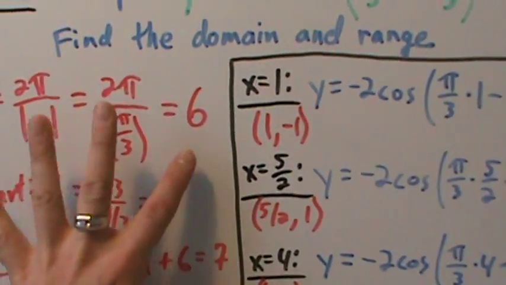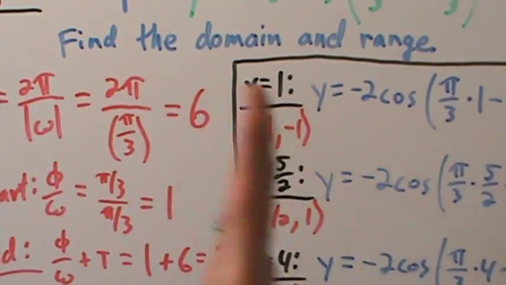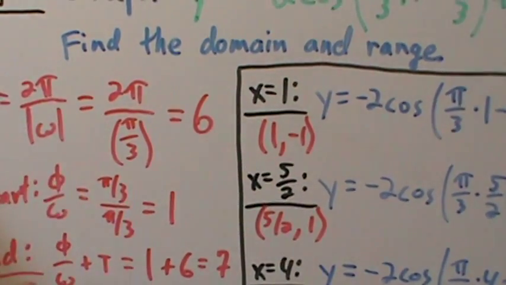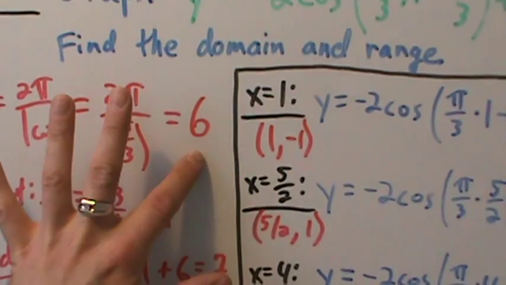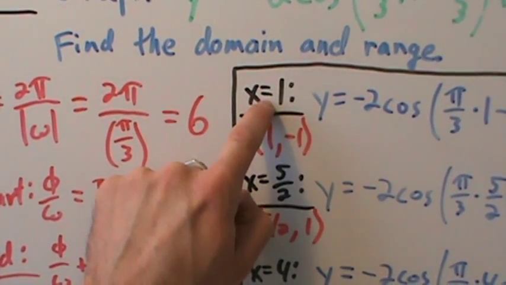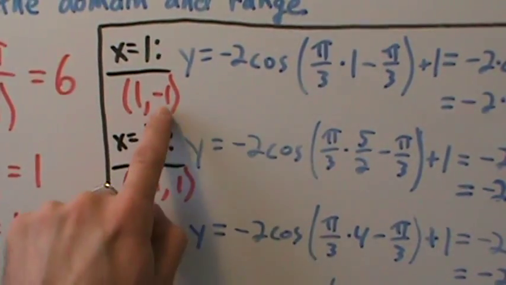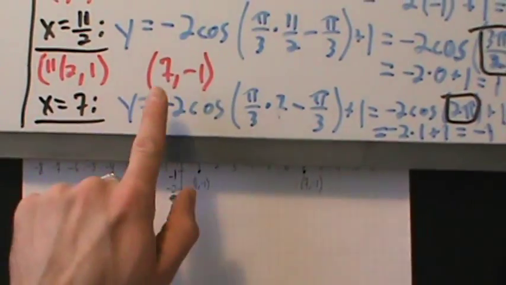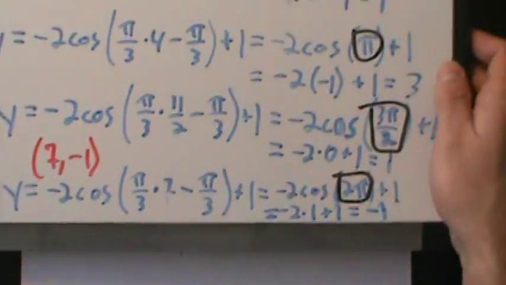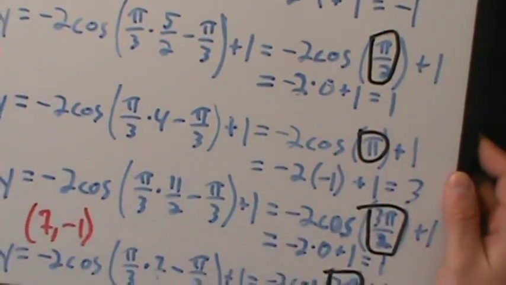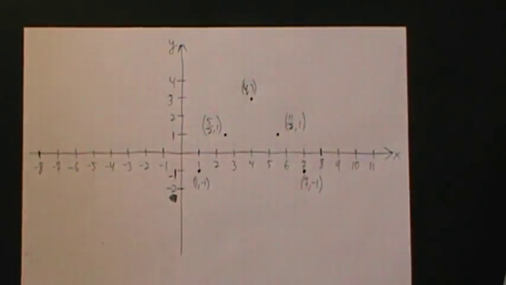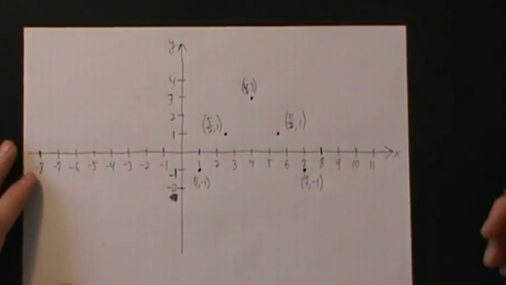Okay, so remember the period tells you if you go that distance to the right or to the left, you're going to have the same y value. So since the period is 6, I start at x equals 1, I go 6 units to the right, I have the same y value. And we see that it's true. 1, -1, 7, -1. Okay, so we didn't have to go through all this work here actually, but I did want to go through it to point out this pattern that shows up that we'll talk about again at the end of the video. But anyway, let's continue with this.